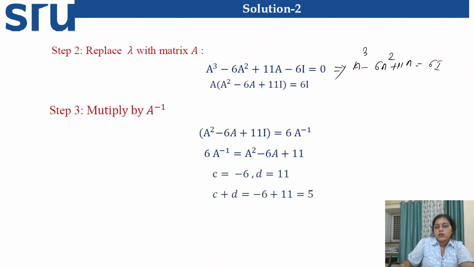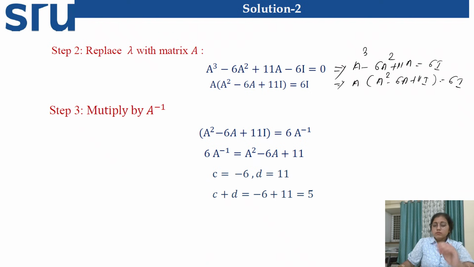Then A is available everywhere, so you write one common A here, so you get A times A square minus 6A plus 11I equal to 6I.